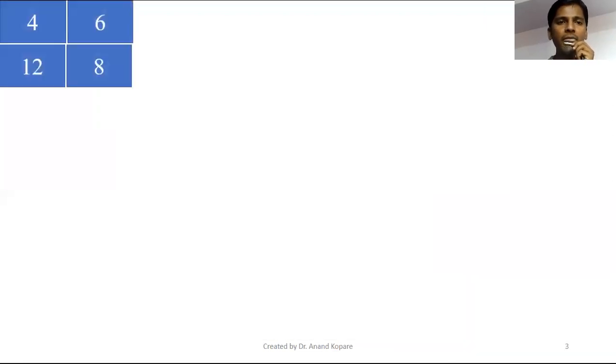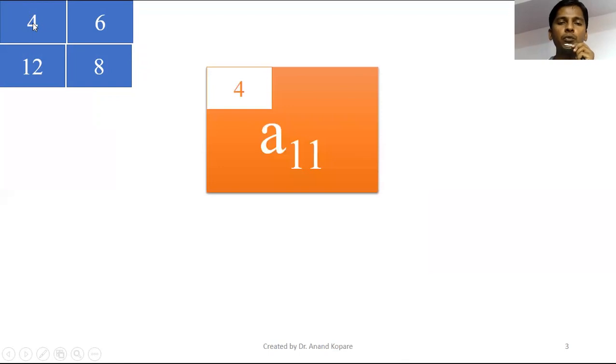See friends, these are the values of your 4 quadrants, and each quadrant has a name. Suppose this is 4. Whichever value falls under this first quadrant, we should call that A11.